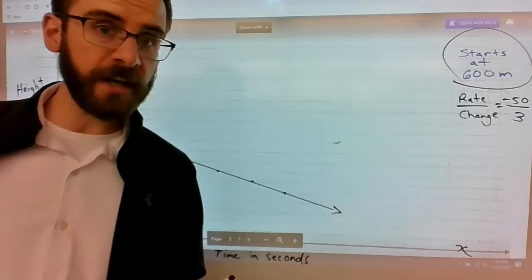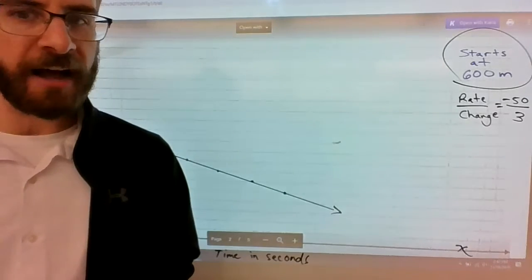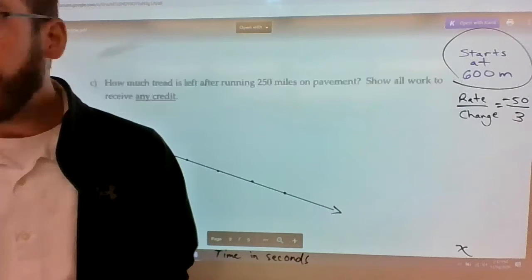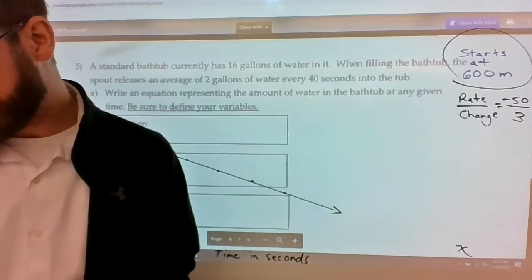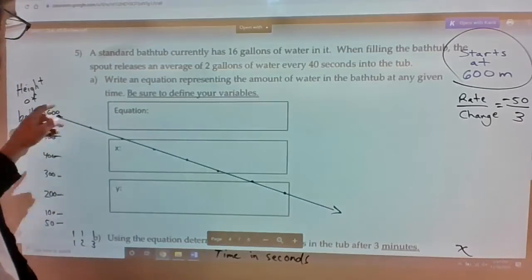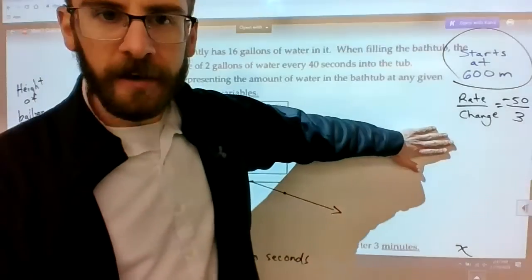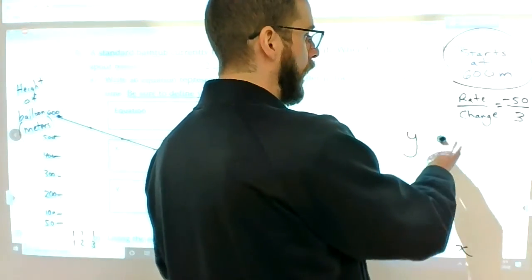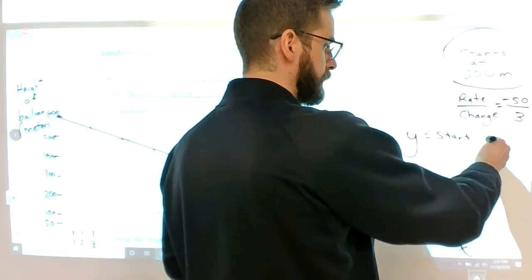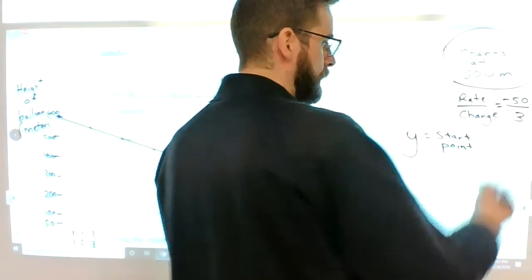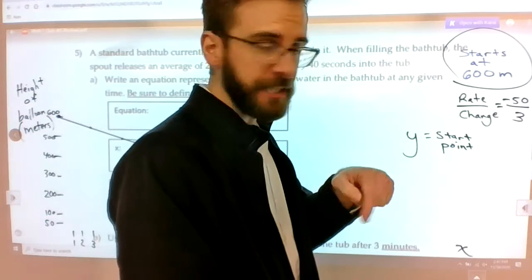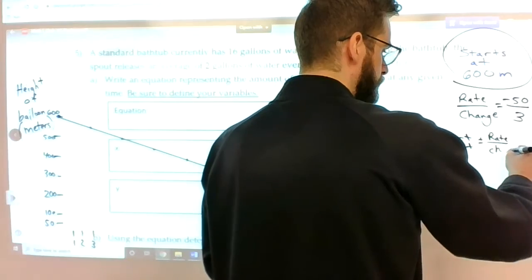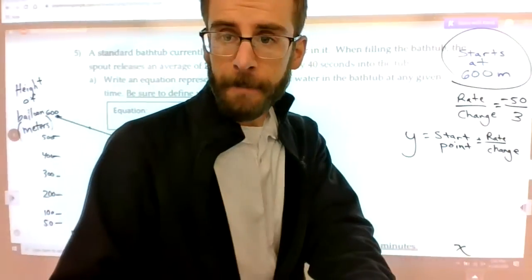Okay, number 1 done, number 3 done. Let's see what number 5 holds for us. This is the one where we have to write the equation of things. So you know what? I'm just going to use this as a reference point. On number 3, if you were asked to write the equation of that line, remember y equals the starting point plus if it increases, minus if it decreases, the rate of change, and then you just multiply that by x.